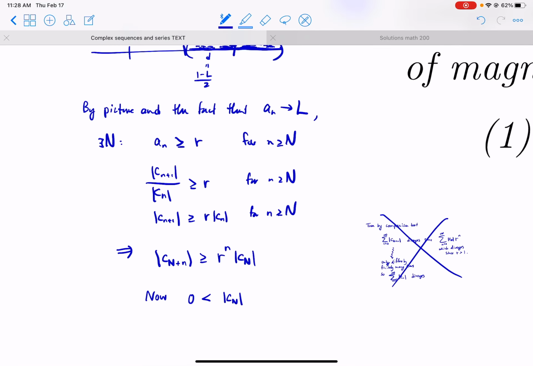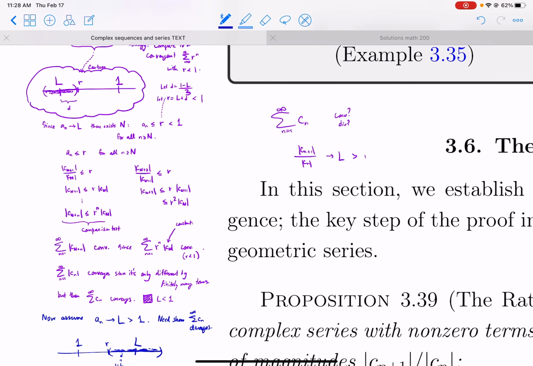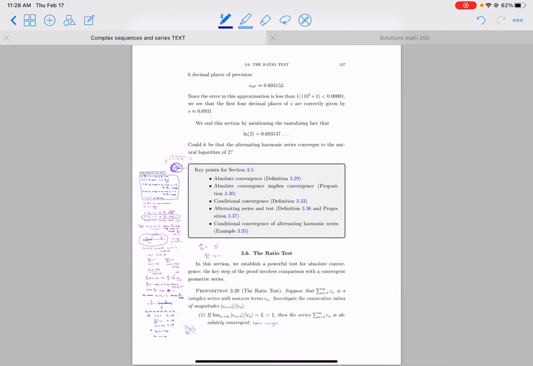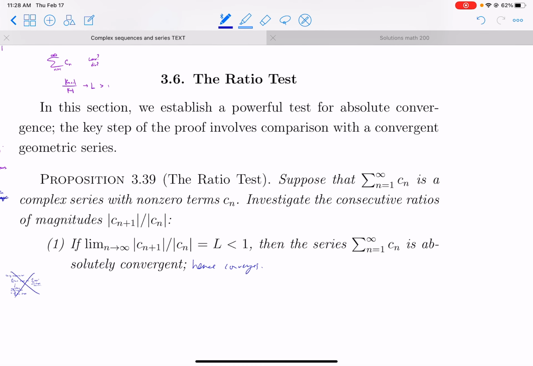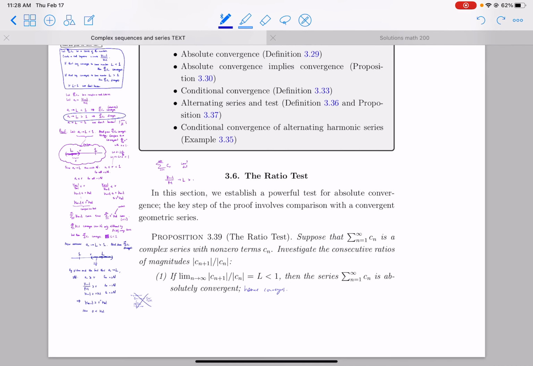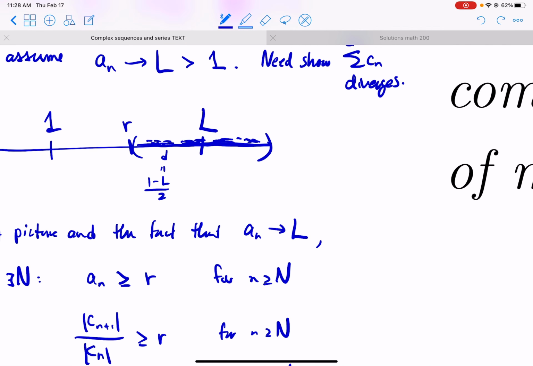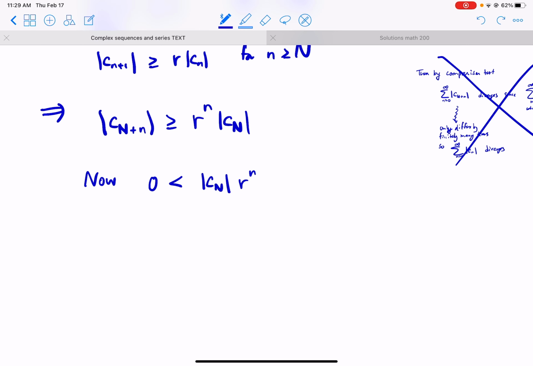Well, I guess we need to say that it's not 0. Let's see. Okay, with non-zero terms. Okay, so that needs to be one of the assumptions. So then we can say that this is non-zero. And so this is non-zero because r is definitely this number, which is greater than 1, so it's not 0. Less than or equal to all of these.